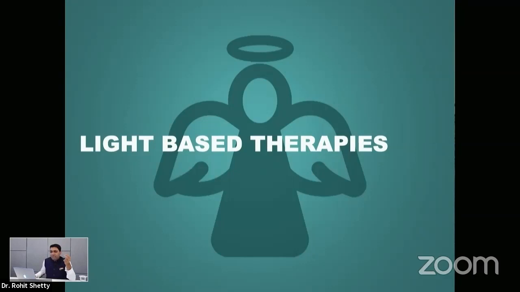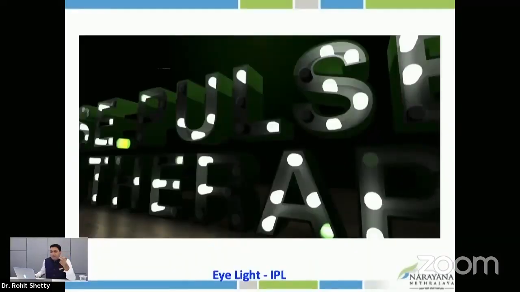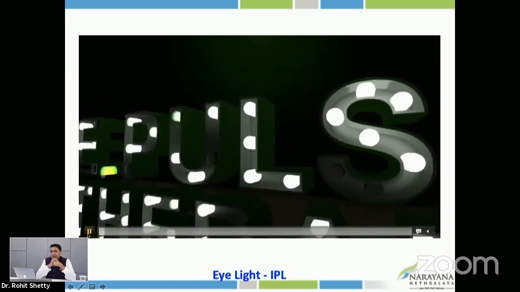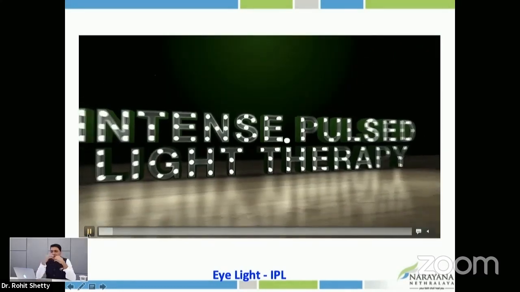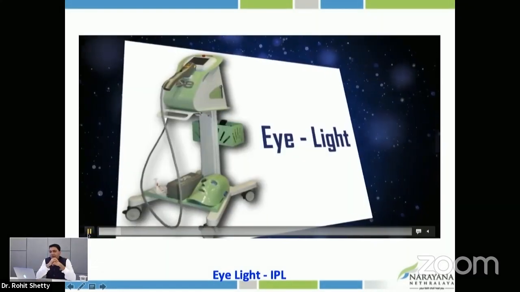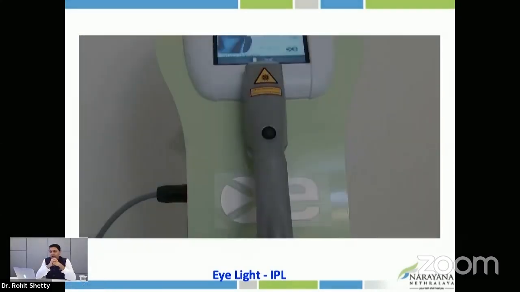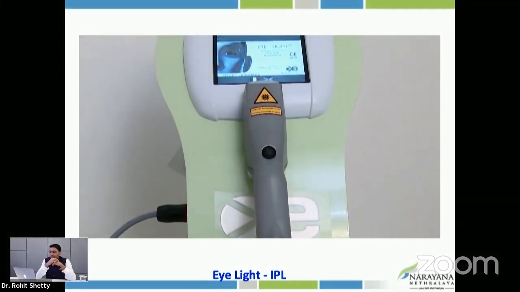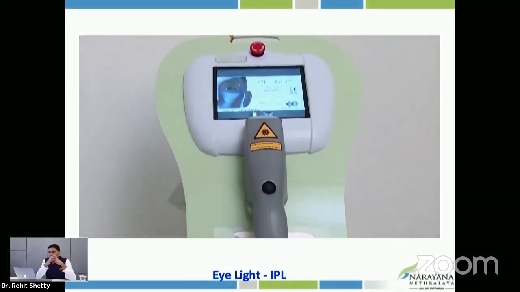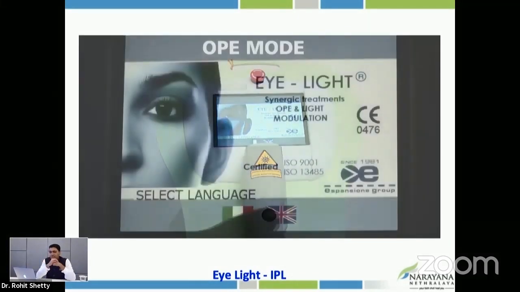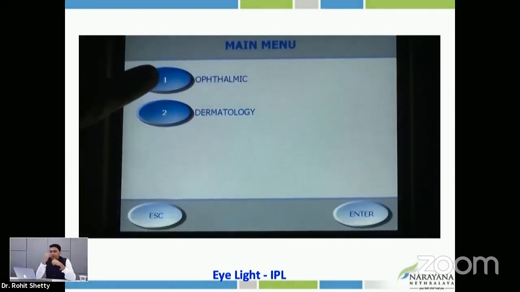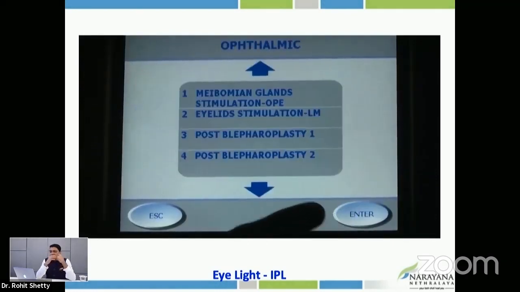Coming to the light-based therapies, there are two light-based therapies in the market. One is the eye light. Its whole concept is taken from the dermatology component, a very nice concept of crystal-based heat on the cheeks, and you have 5 points there.